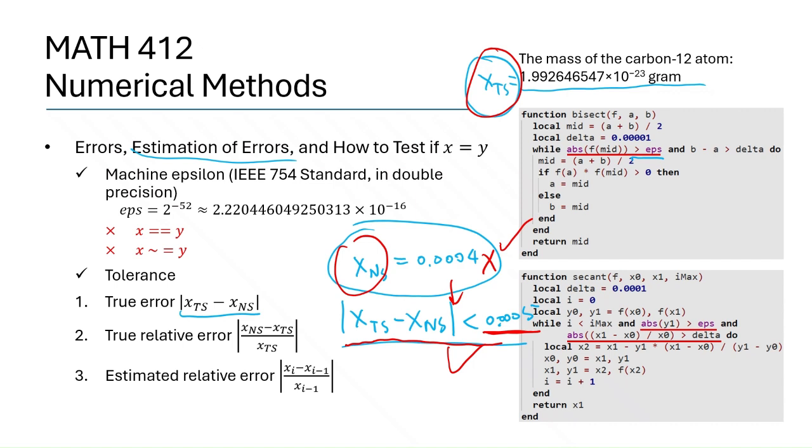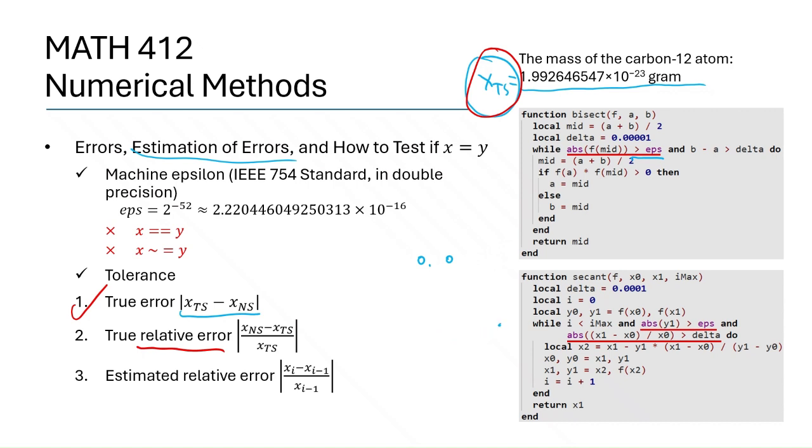So normally we use relative error. We don't use the true error or the estimated error; we use relative error. The true relative error is this. Given that we know the true solution x sub ts, you get a numerical solution x sub ns. The quotient here, taken as an absolute value, is a way better measurement.